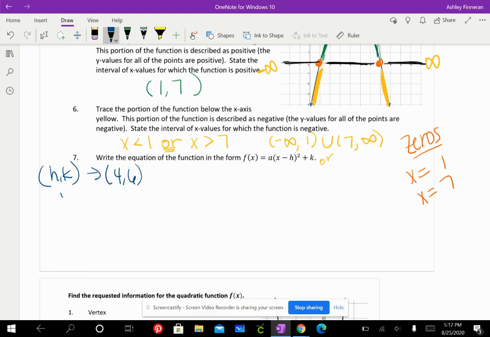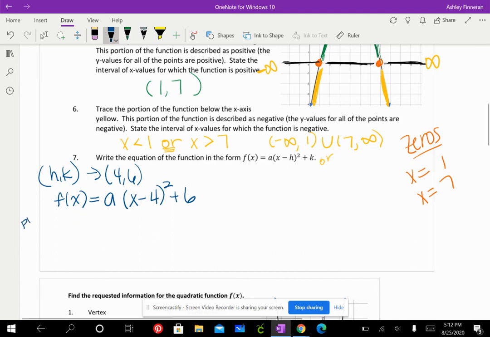So then I have f of x is equal to a times x minus h, which we just said is 4, squared plus k. Now the trouble is, we don't know what a is. So knowing the vertex tells us h and k, but we don't know the vertical stretch factor. So to solve for that, we plug in some other point that we know is on the function. You can pick whatever point you know for a fact is on the function. We know that 1, 0 is on the function.